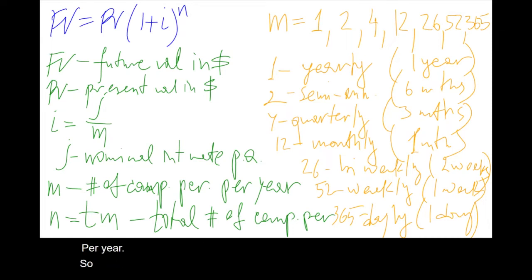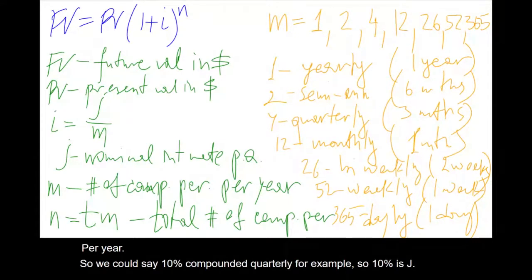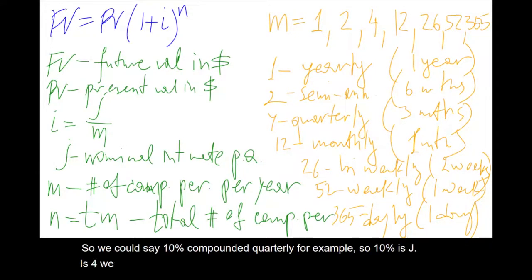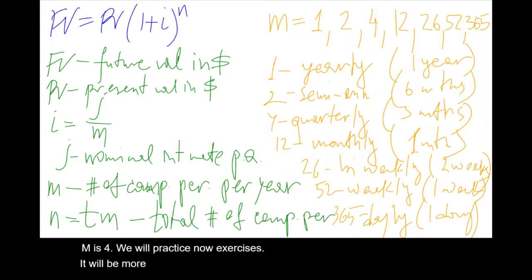So we could say 10% compounded quarterly, for example. So 10% is J, M is 4. We will now practice exercises. It will be clearer, and you will see it's really easy.